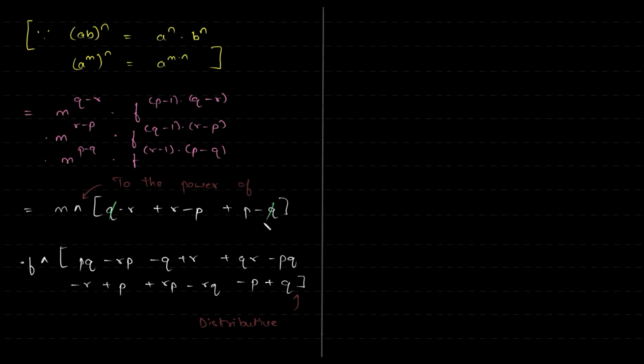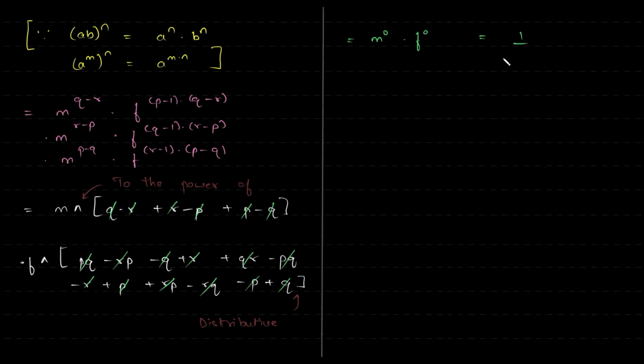Well, we can cancel these terms: positive and negative PQ, minus QR, minus Q, minus P, and this and this and this. At the end of it, we have M to the power of 0 into F to the power of 0.